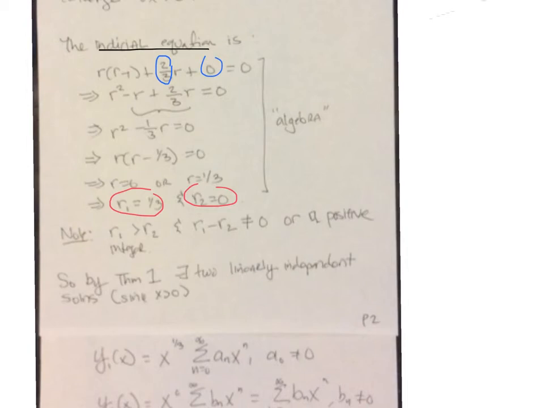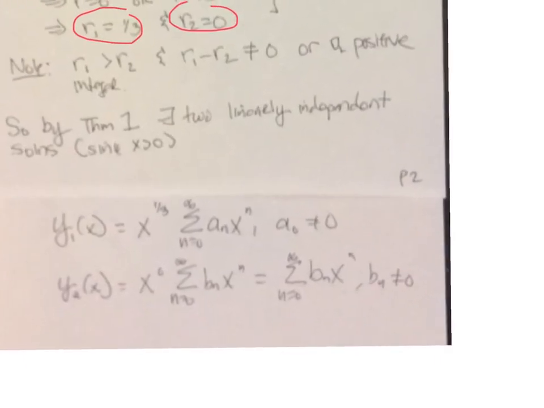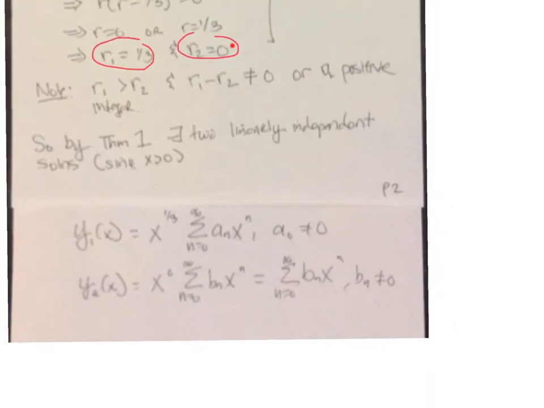I'm using Frobenius here because I'm looking at part A, where it says let R1 and R2 be the real roots we found from our initial equation, and so there exist two solutions. Because of our theorem, we have our hypothesis here, so if this is true, then this is your conclusion. This must be true. This is basically equation 18 in the theorem, and this is equation 19. This is my R1, and that's my R2.